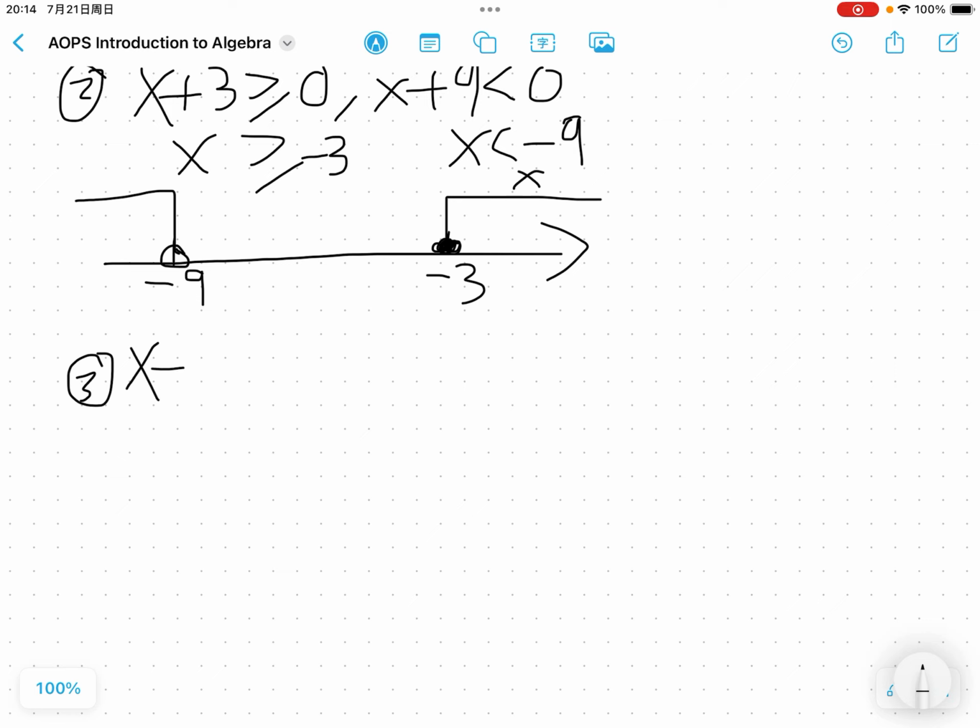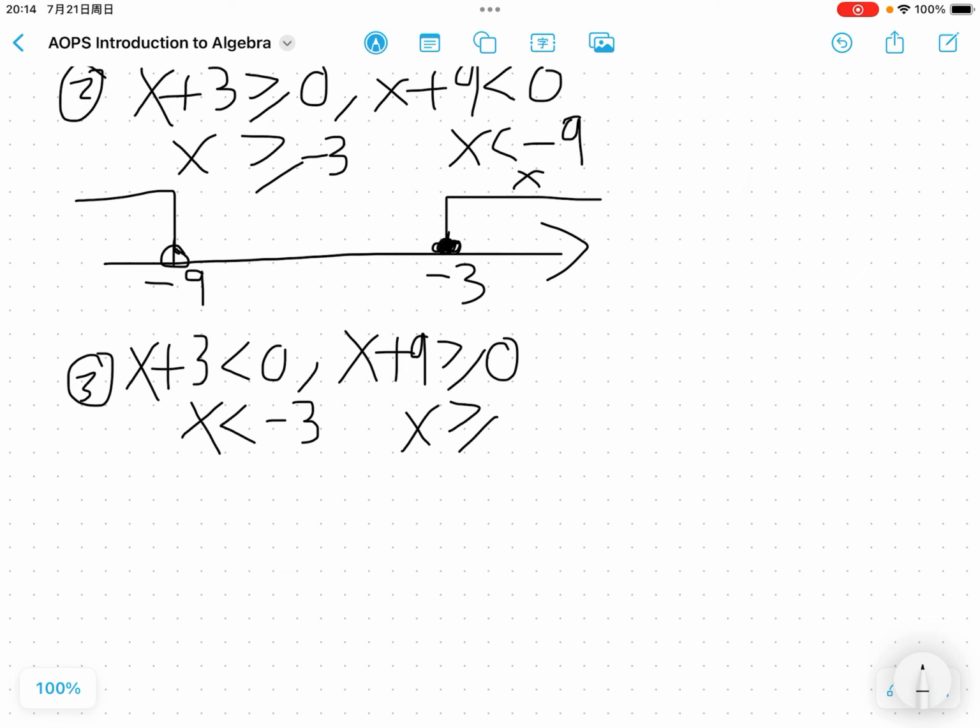Now let's move on to case 3, where x plus 3 is less than 0 and x plus 9 is larger or equal to 0. So x is less than negative 3 and x is larger than or equal to negative 9. This works, so we've got the inequality x is greater or equal to negative 9 and less than negative 3.